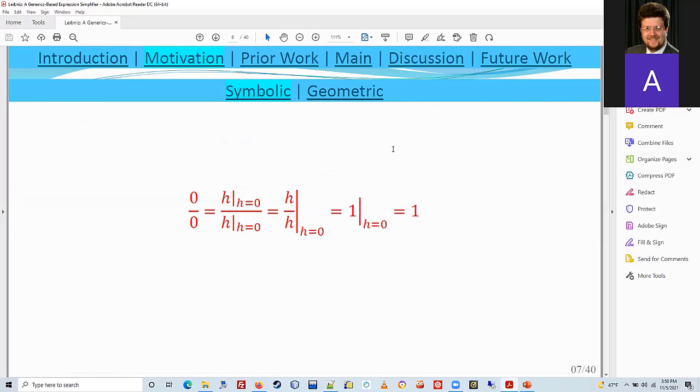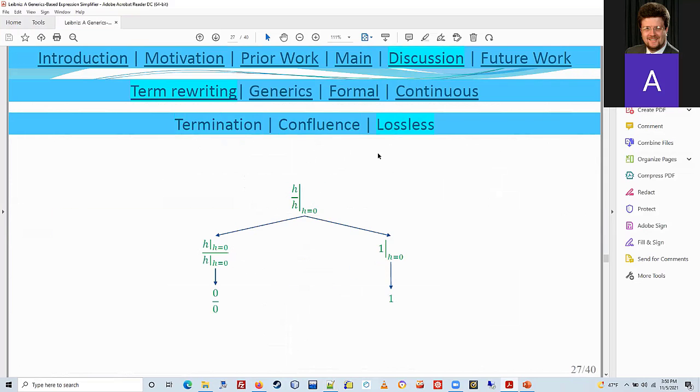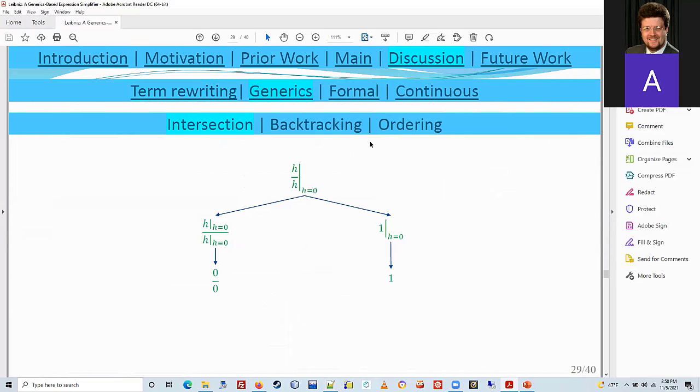I think I have a few different evaluation strategies. Intersecting all the solutions, that's one evaluation strategy: just do the entire tree. Another strategy is to selectively search through the tree, and if you get 0 over 0, you backtrack.